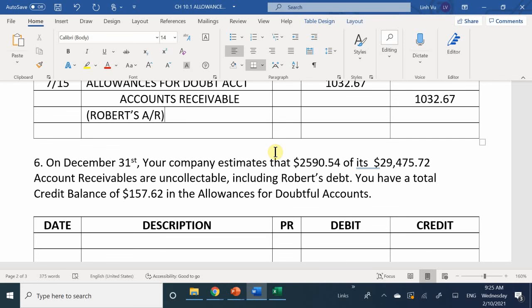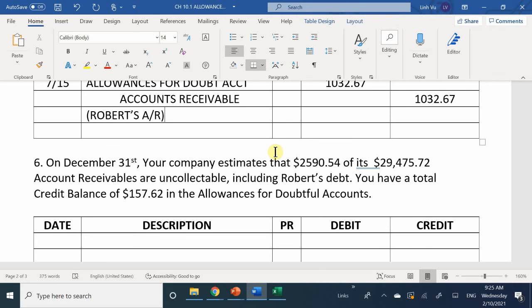Now, of course, remember, our company decided to tell me this. Is Robert my only customer? No. How in the world did I get $29,000 of accounts receivable if Robert was my only customer?